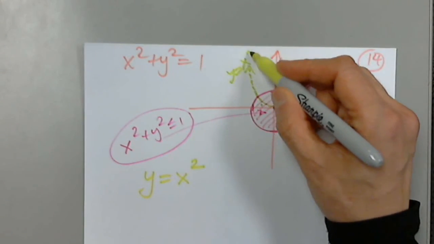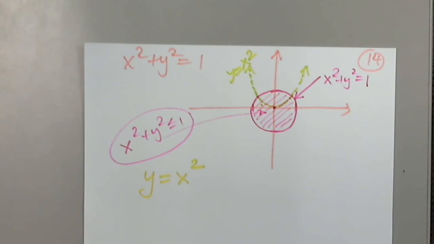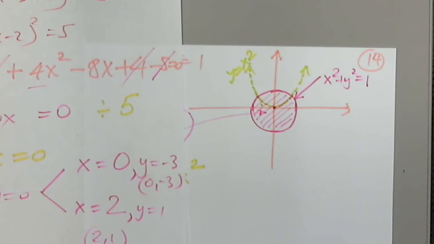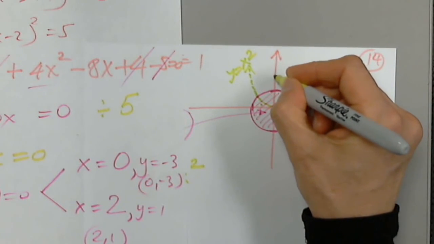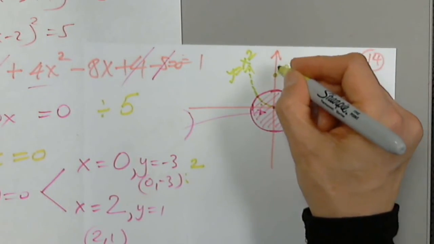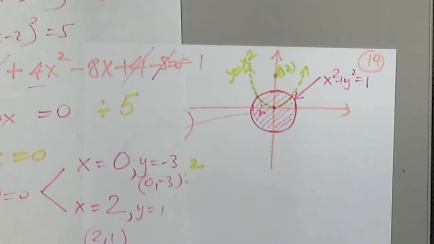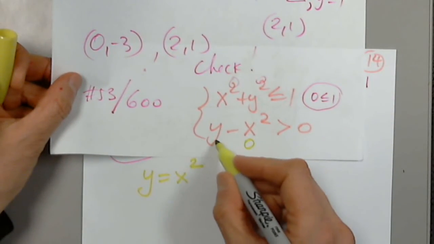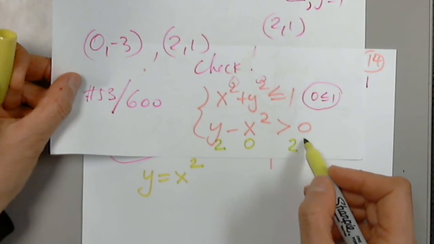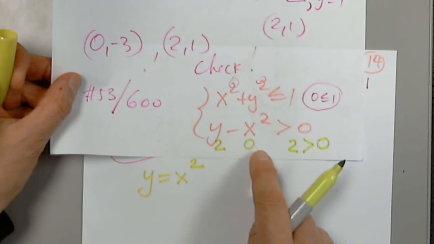So this is y equals x squared. However, this time I cannot use the origin. Why? Because the curve, the function, goes through the origin. So I'm going to pick this point. That's my preference. 0, 2. So I'm checking the inside. 0, 2. Is 2 greater than 0? 2 minus 0, 2.